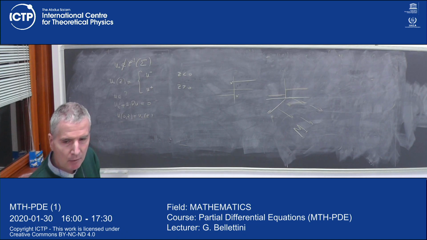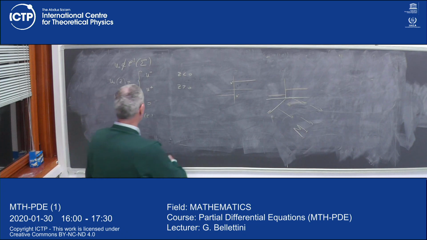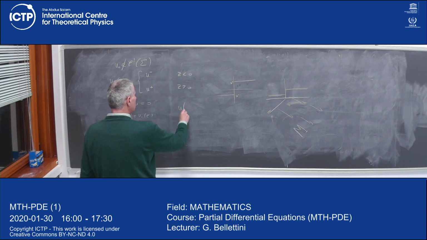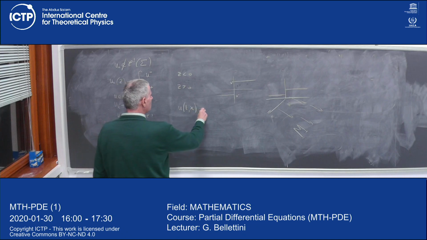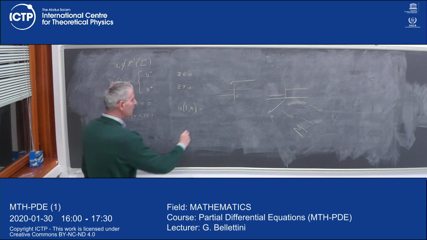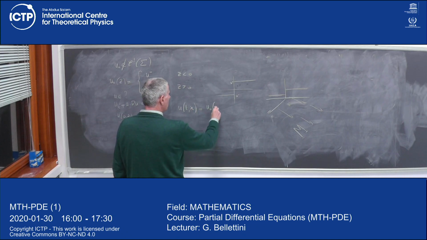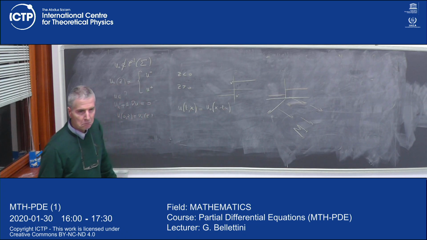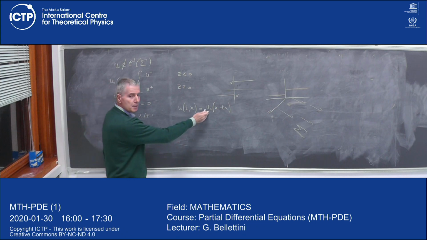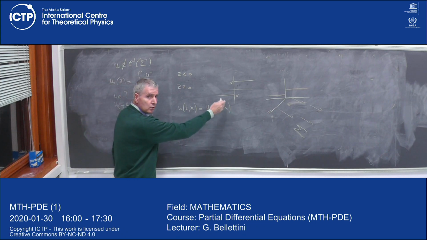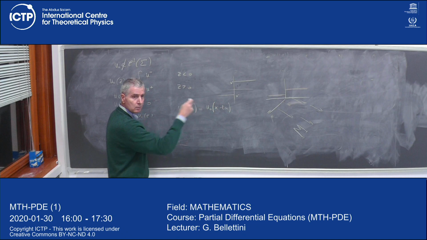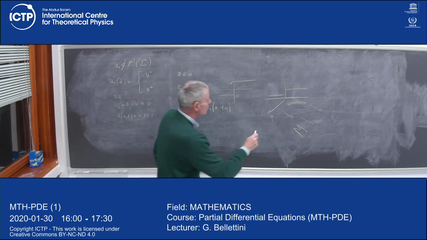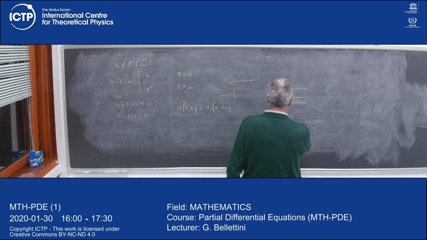If we use the previous representation formula, suppose that I pretend the solution to be as before, so u0 of x minus ta, as before. Well, u0 jumps, so this is discontinuous in time and space.